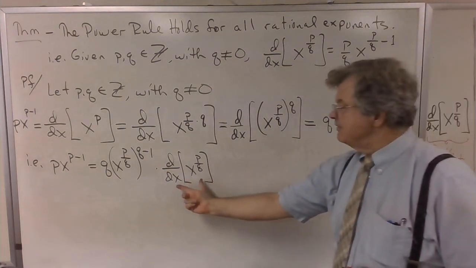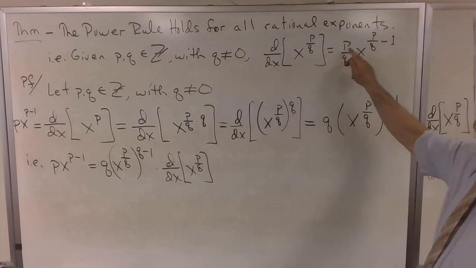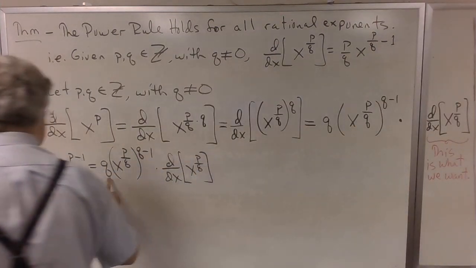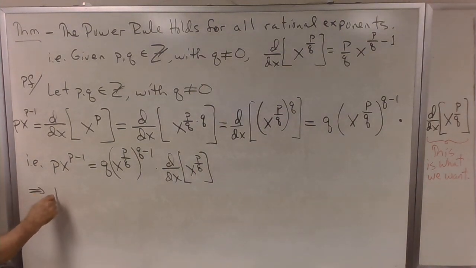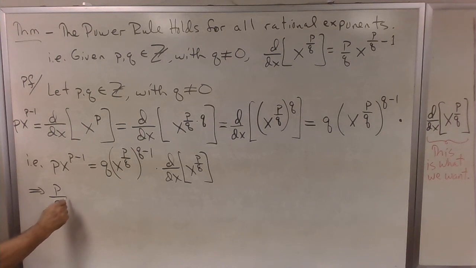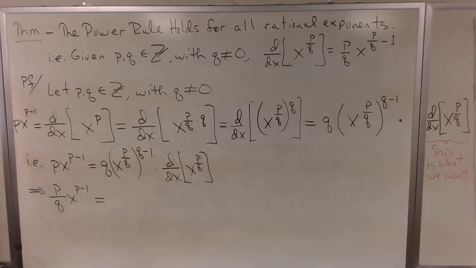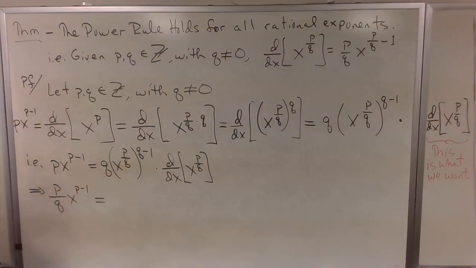I have derivative of x to the P over Q here, and we want a P over Q on the other side, so I think I'll divide both sides by Q. And I guess I'll distribute this exponent inside the parentheses.